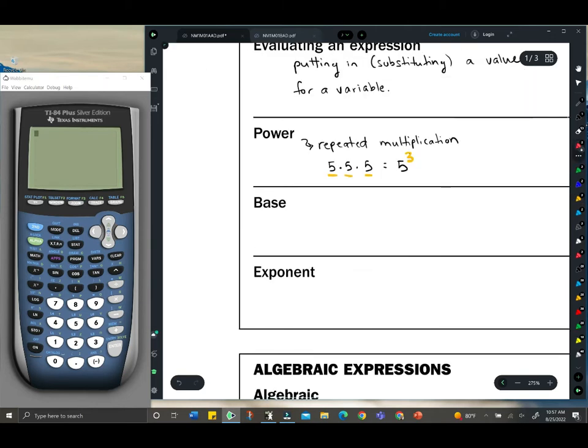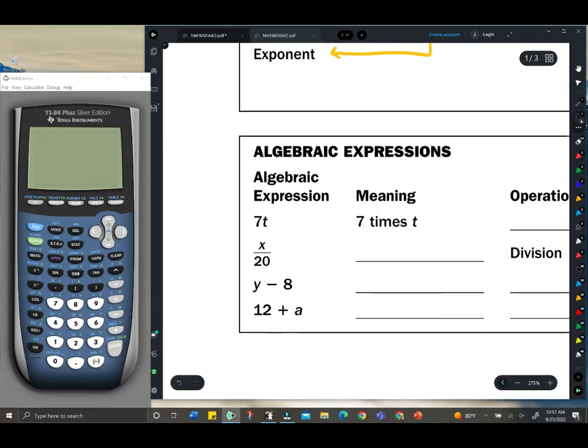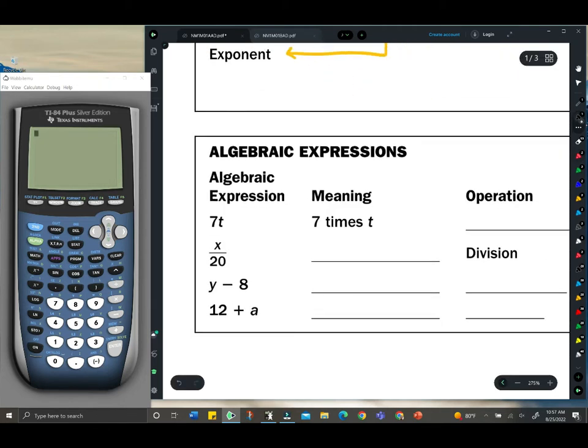And within this power, we have 2 things. We have 5, which we would call the base, and 3, which we would call the exponent. So the base is what's being multiplied, and how many times is the exponent. So when you have that vocab down, let's get into some algebraic expressions.